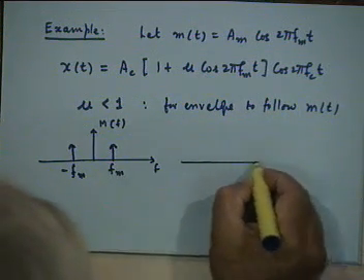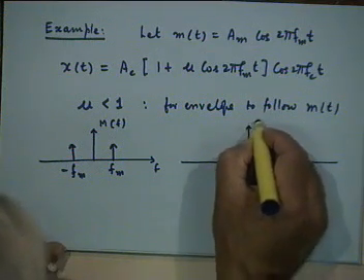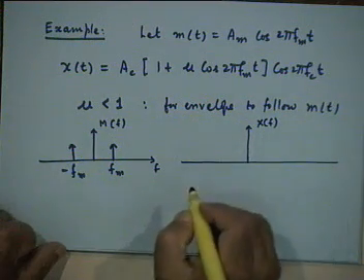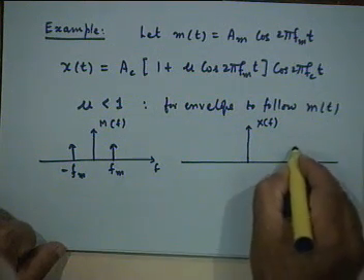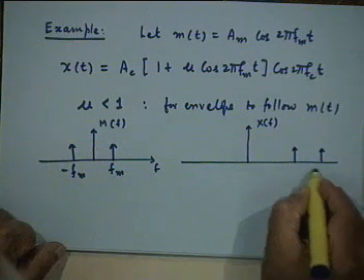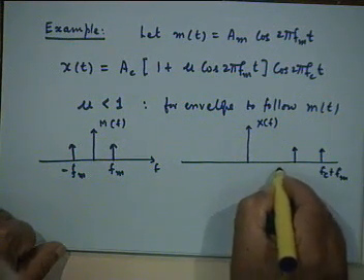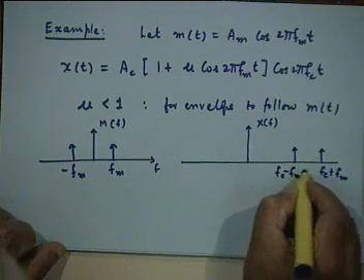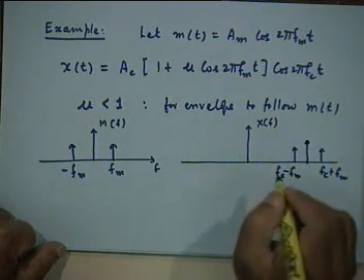After modulation, the spectrum of the modulated signal x of f, you will have these components at f sub c plus f sub m, f sub c minus f sub m, and also there will be a carrier component, right?